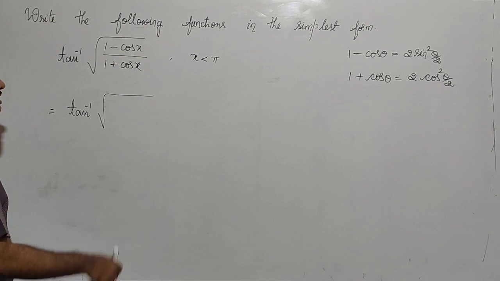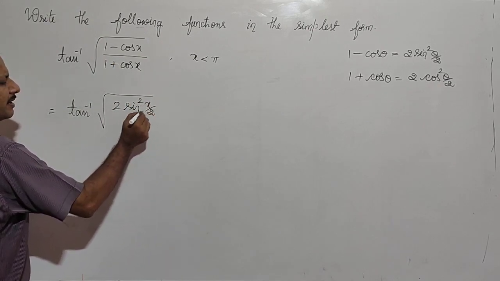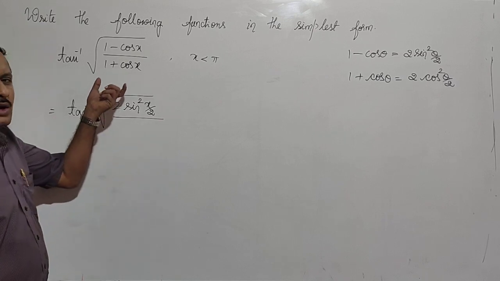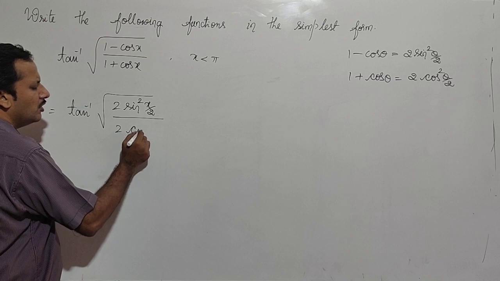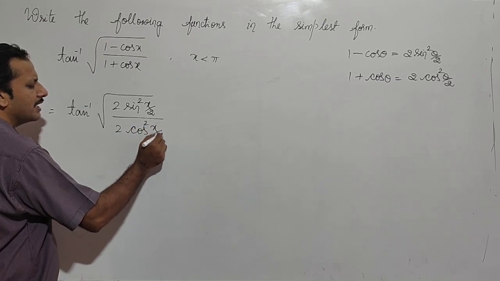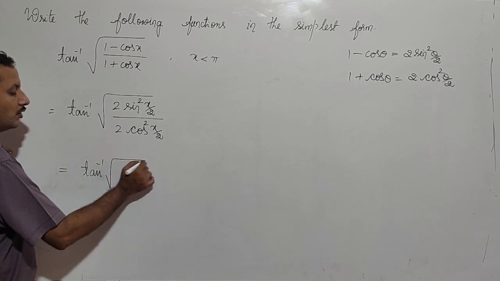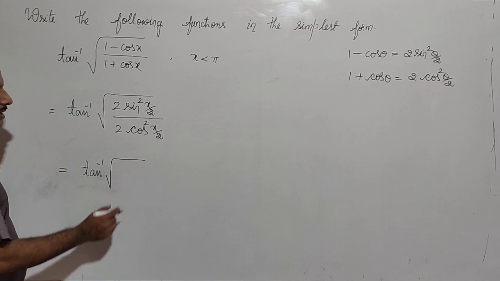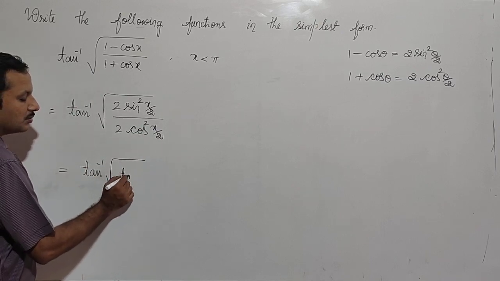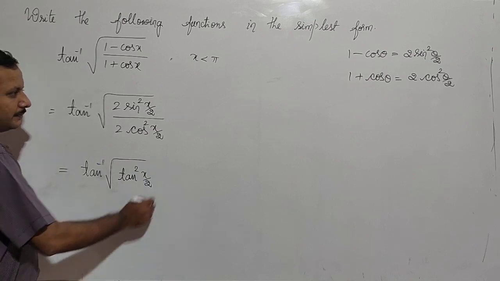Now, 1 minus cos x, I will write it as 2 sin square x by 2, divided by 1 plus cos x, that will be equal to 2 cos square x by 2, which is equal to tan inverse of root of, 2 gets cancelled, sin square x by 2 divided by cos square x by 2, that will be tan square x by 2.